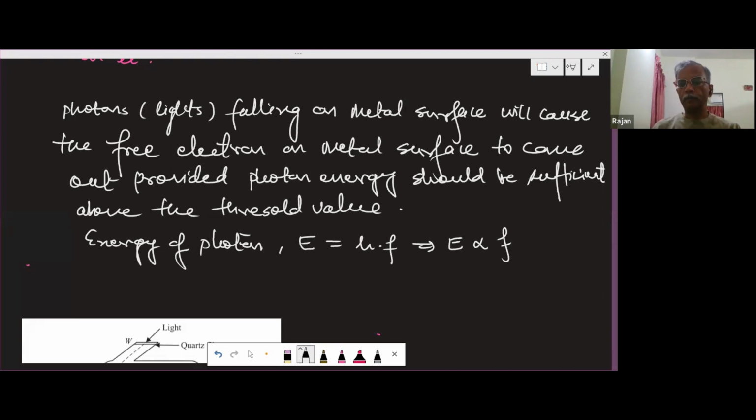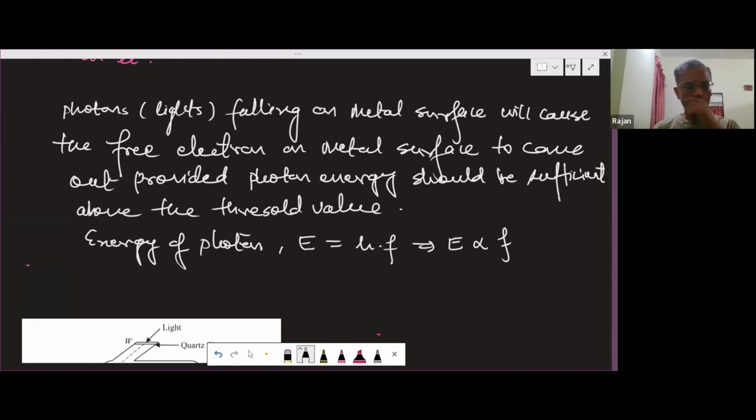Now, metal to metal, as we were talking about in the last class, a minimum energy is required to liberate the photoelectrons from the metal surface. That minimum energy is known as the work function.